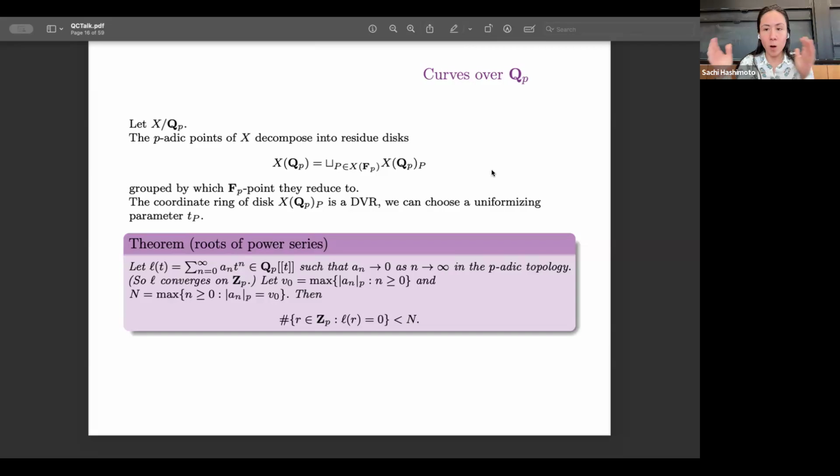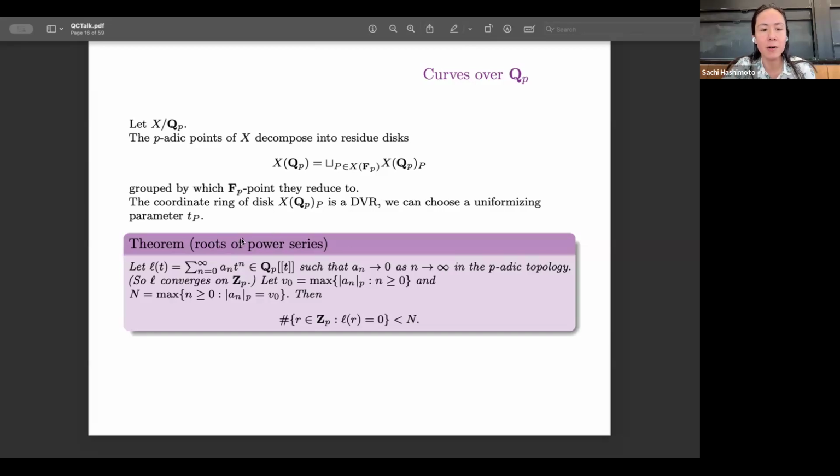If we consider just one residue disk labeled by our F_p point P, then since a curve is one-dimensional, we can always choose a uniformizing parameter for this residue disk. So this looks like a copy of Z_p, a one-dimensional thing. Something very nice about the p-adics is the theory of p-adic power series, which is even nicer than the theory of complex power series.